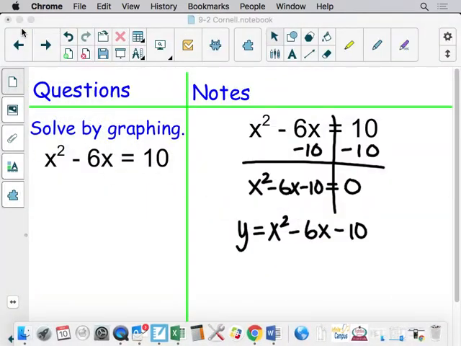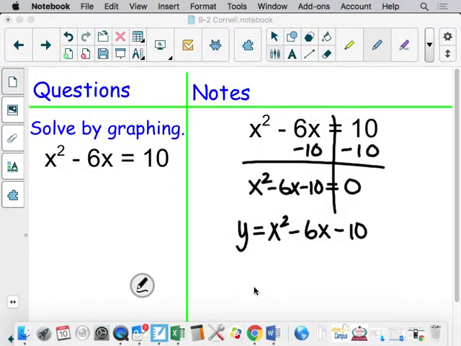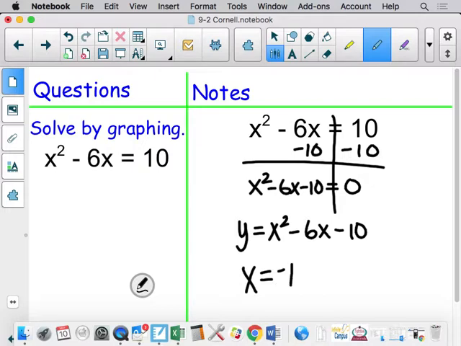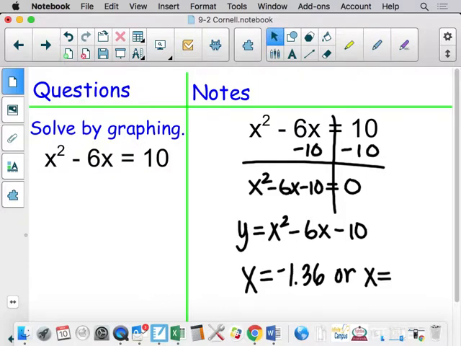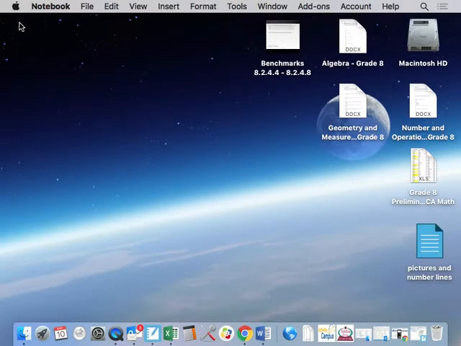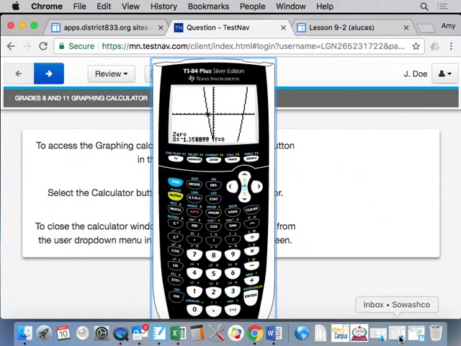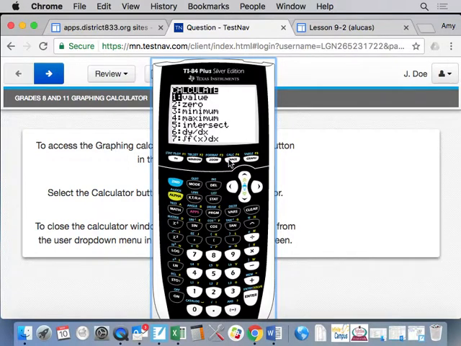So x equals negative 1.36 or... second, calc again, looking for my zeros.